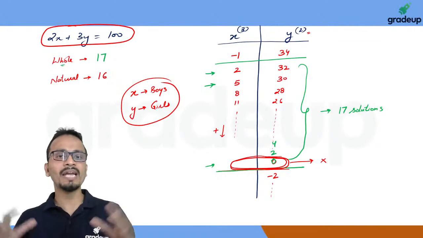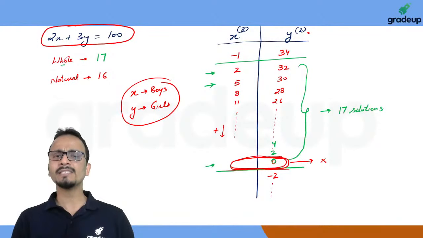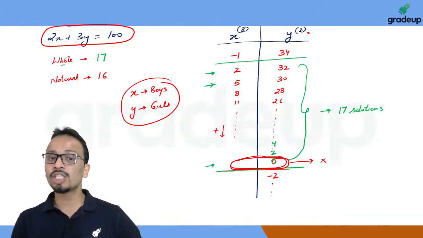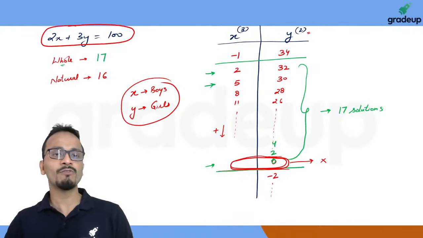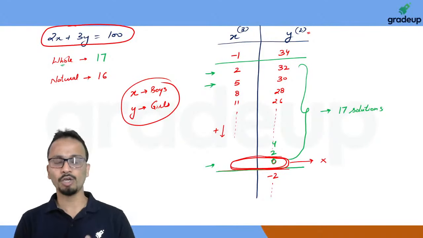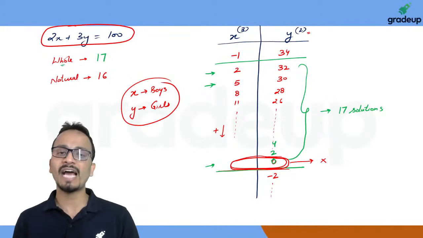So after looking at all these scenarios and combining them, I can say that x and y are natural numbers. It was not actually given to me, but I deduced it from the information that was given. The number of boys cannot be negative or a fraction.